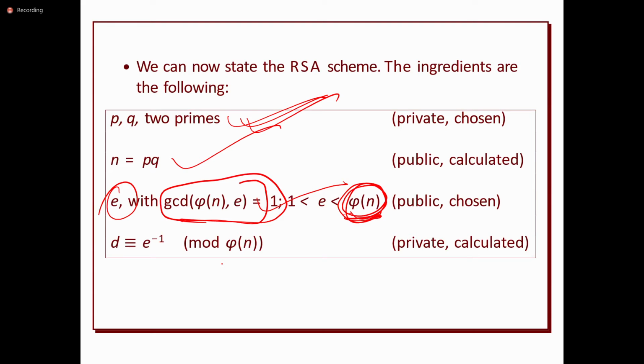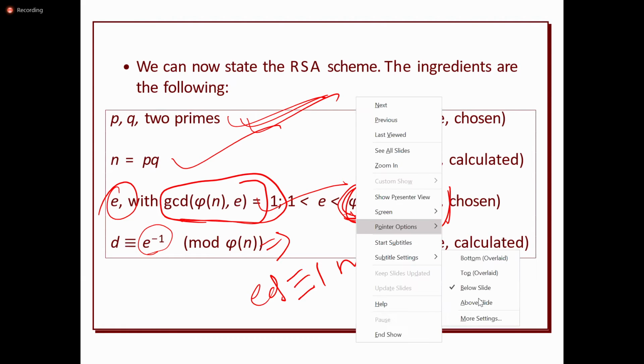And then D should be calculated, where D is congruent to the inverse of E. So the multiplicative inverse of E is nothing but D, so it can be written as E into D is congruent to 1 mod phi of n. Which is public and which is private is mentioned, right?